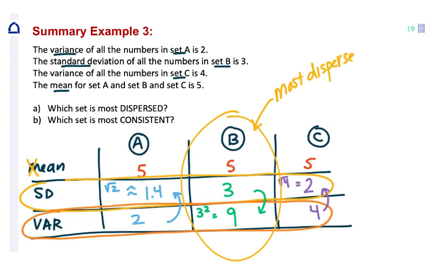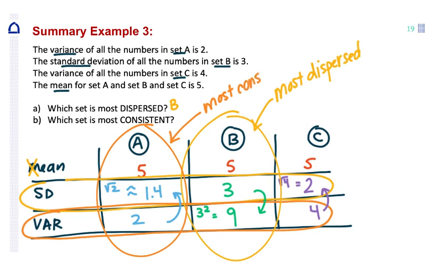And then conversely, when they're asking which set is the most consistent, that means the smallest standard deviation or the smallest variance. And so in that case, we would have set A, the most consistent, because that's telling us the distances between the data points is the smallest. The data is closest together in set A.